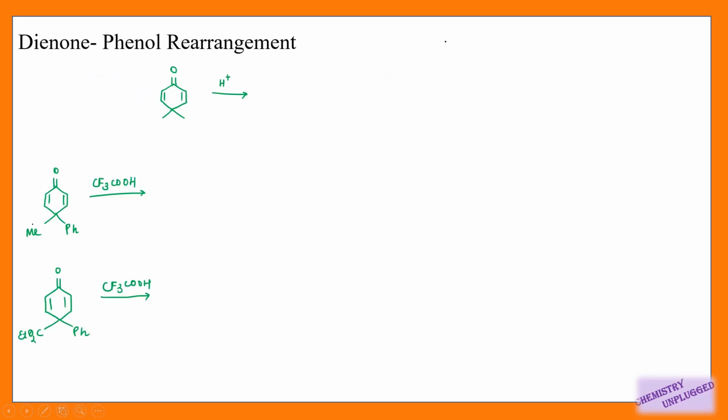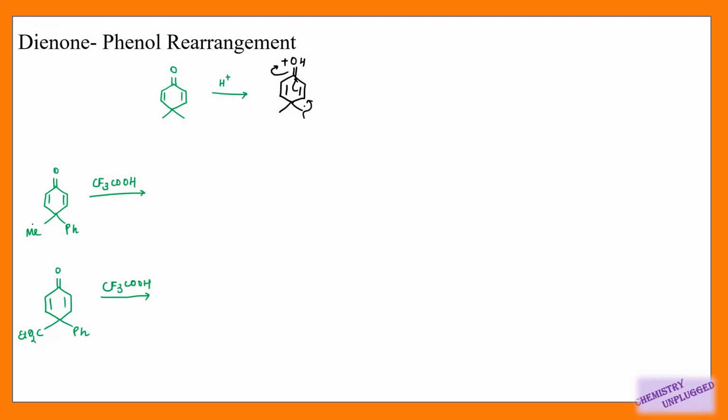Next is Dienone-Phenol Rearrangement. So we have seen how we can do Pinacol rearrangement. This Dienone-Phenol Rearrangement is just the opposite of Pinacol rearrangement. So first we have to protonate this oxygen, right? Now we can stabilize this oxygen by migration of this double bond, and to stabilize this double bond, this will migrate. So we will get a positive charge on this carbon, a carbocation, after shifting of this bond, and to stabilize this positive charge we have to migrate this methyl group, right?